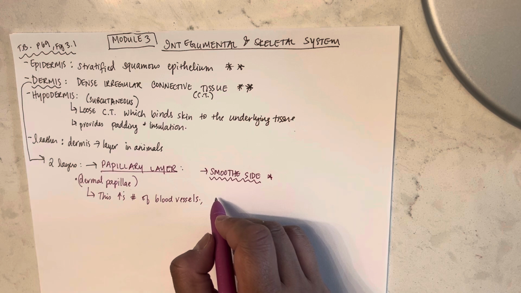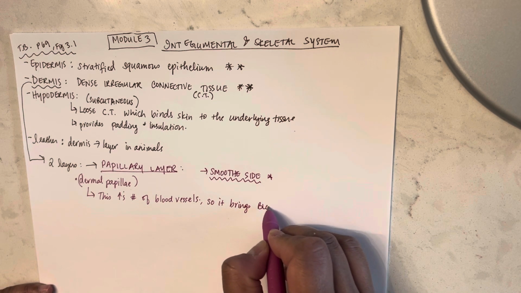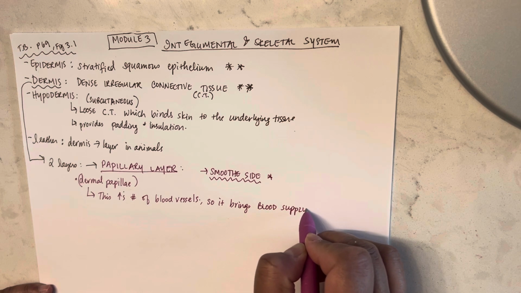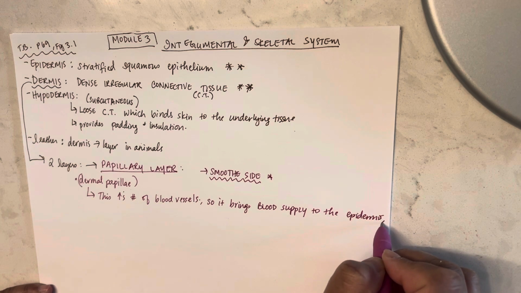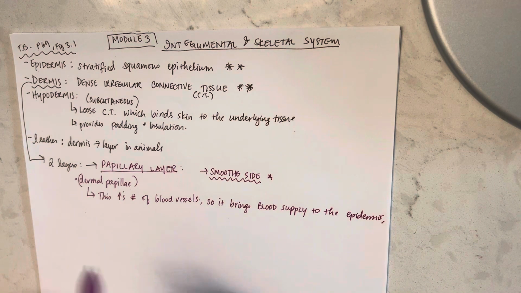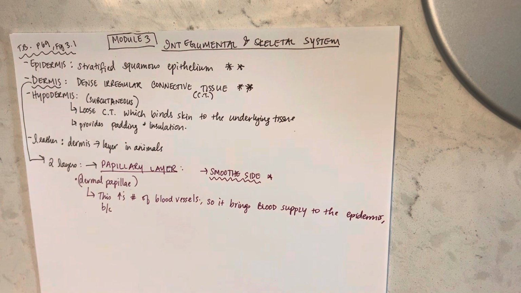So it brings blood supply to the epidermis. And why is that important? The epidermis, okay, has none of its own blood supply. It has to be supplied from the dermal layer. And the papillary layer, that small little thin strip in the dermis, is what supplies it. Well, it comes deeper too, but basically that's the connecting bridge where the blood vessels go through.